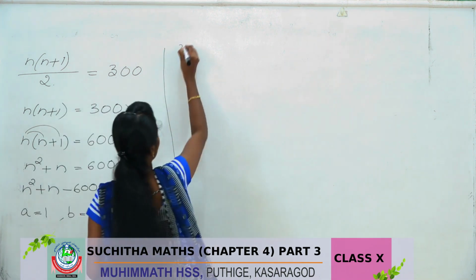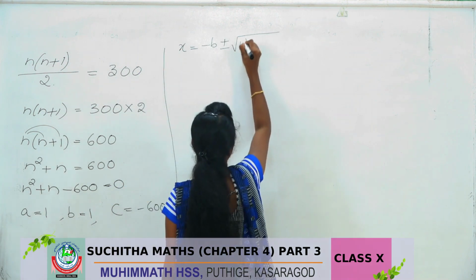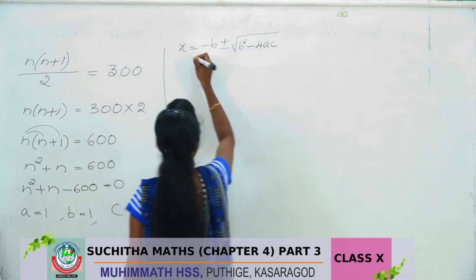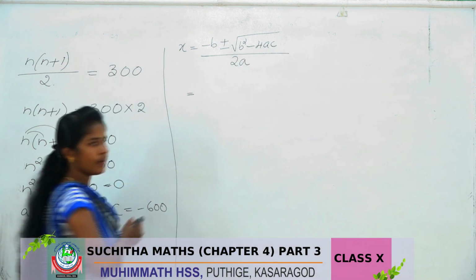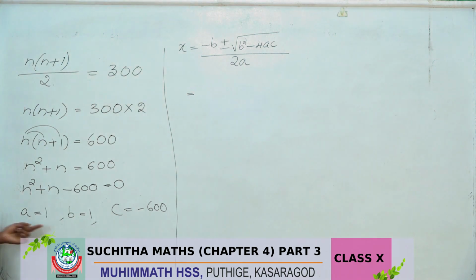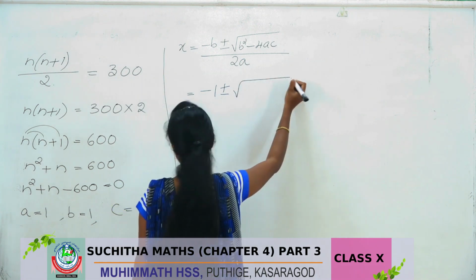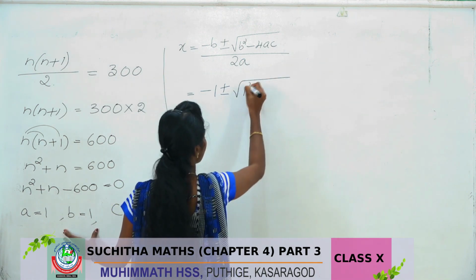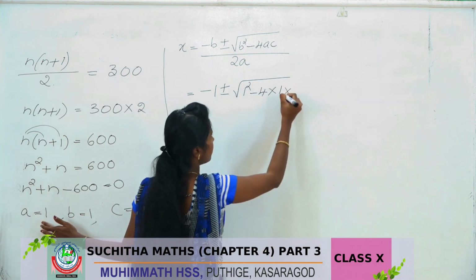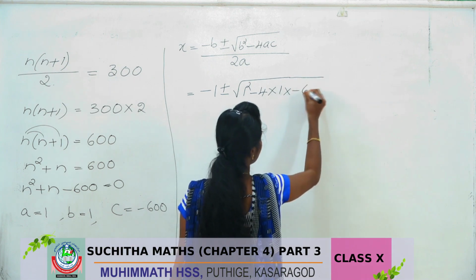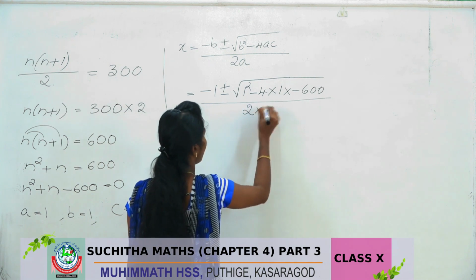That is x equal to minus b plus or minus square root of b square minus 4ac, divided by 2a. Minus b, what is the value of b? b is 1. That is minus 1 plus or minus square root of 1 square minus 4 into a, which is 1, into c, which is minus 600, divided by 2 into 1.